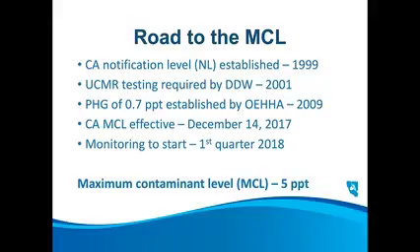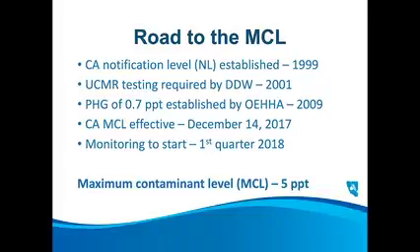So the road to the MCL has been long and winding. Starting back in 1999, there was a notification level established here in California, and then UCMR testing began in 2001. Fast forward to 2009, the state of California, through OEHHA, the Office of Environmental Health Hazard Assessment, issued a public health goal of 0.7 ppt, which is really how we got to the final result of where our MCL is at.